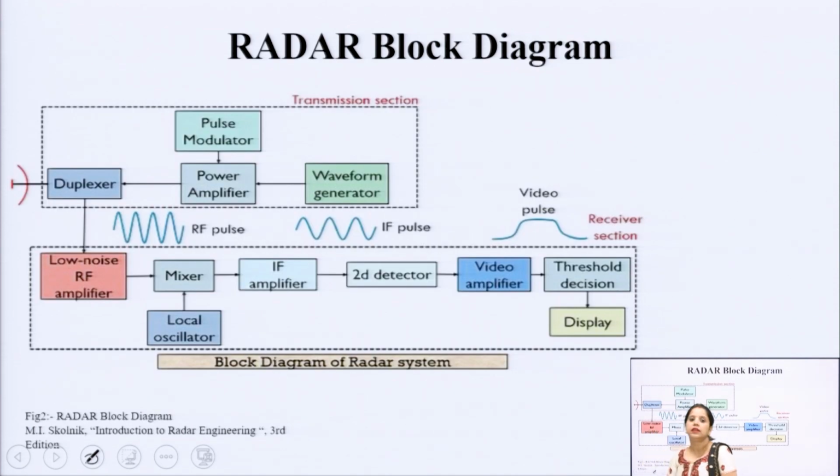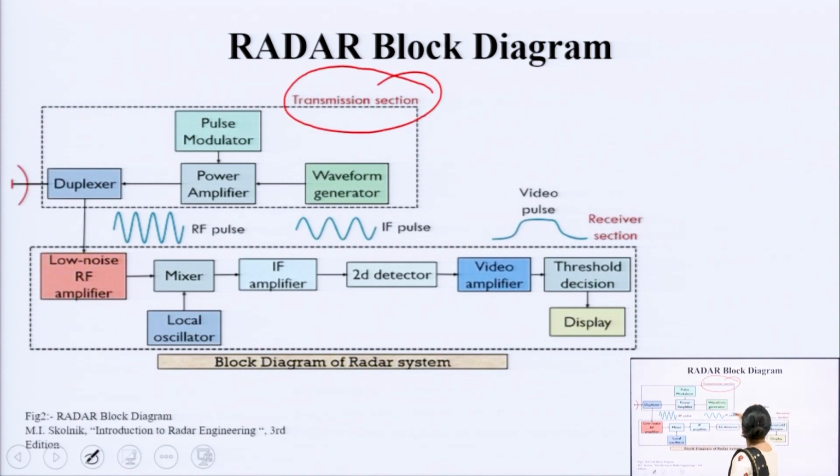Now comes the radar block diagram. Till now you are aware that our radar system consists of a transmitter section and a receiver section. So, this block diagram is divided into a transmission section and a receiver section.